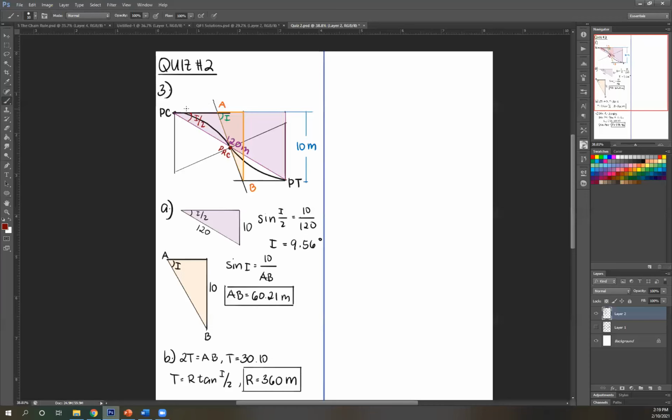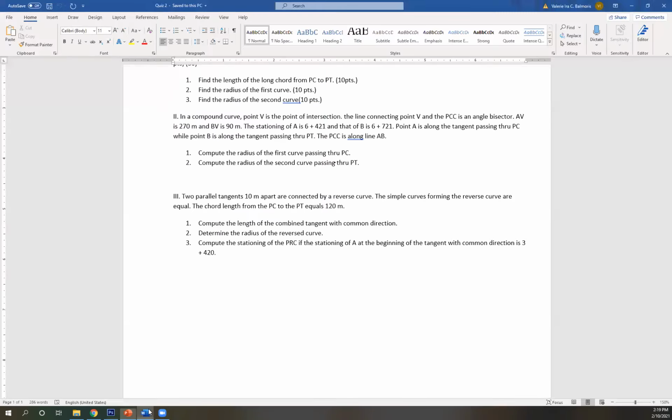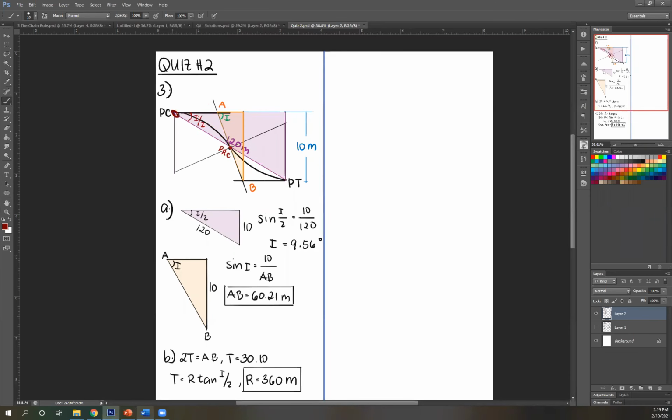So what does that look like? So they're equal. So this curve equals this curve. And chord length from PC to PT, not PRC. Take note of that. So it's from PC to PT. So it's the total length. This to this point is all 120. Okay. So that's the drawing. And those are your data.